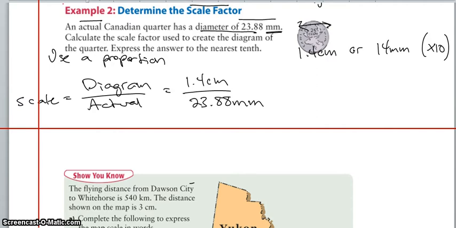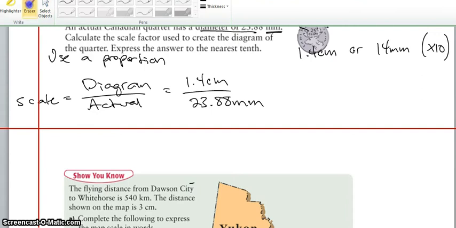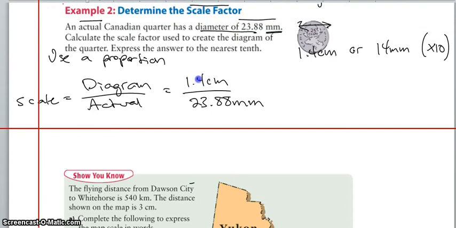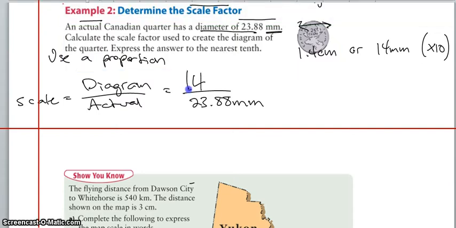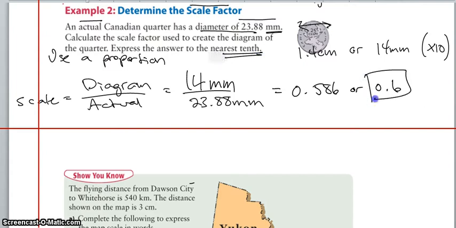So that's 14 millimeters. Now we can just divide to find our scale factor. 14 on your calculator divided by 23.88 gives us a scale factor of 0.5864, so 0.6. So your scale factor is 10 to 0.6.